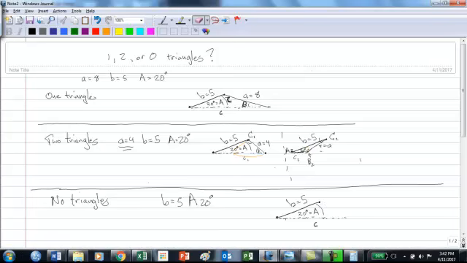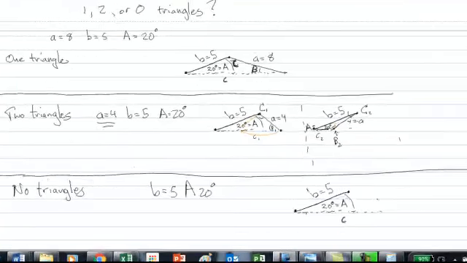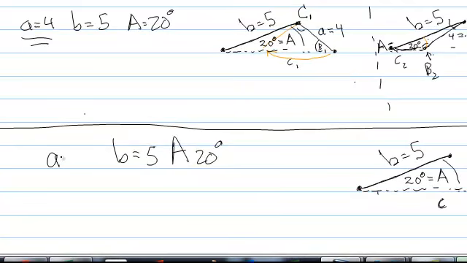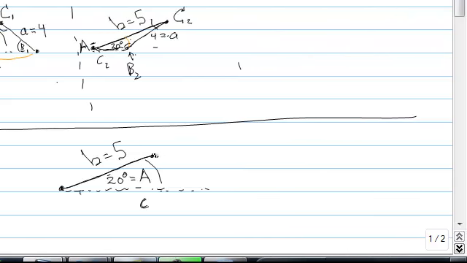How long should I make this side such that there's no triangles? What does no triangles mean? Well, I'll tell you what. If I put A equal to 1, that means if this is 5, 1 is going to be this little section here, and that would be the length of side A. And because angle A is fixed at 20 degrees, A equals 1 doesn't reach the ground.